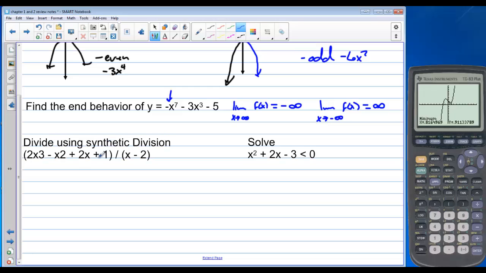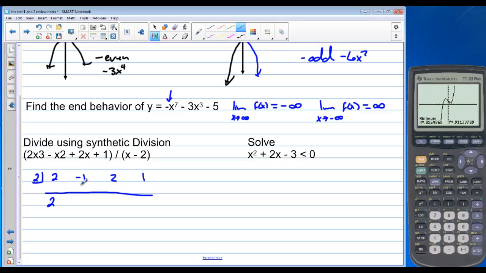Divide using synthetic division. Here we have this polynomial divided by x minus 2. So we're going to plug 2 into the box. We plug into the box what makes this 0. And then we have 2, negative 1, 2, and 1. And with synthetic division, we just bring the first one down and then multiply and add.